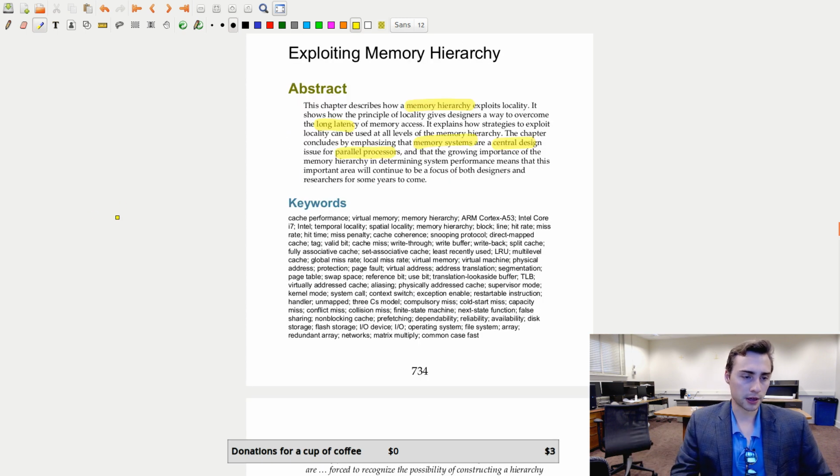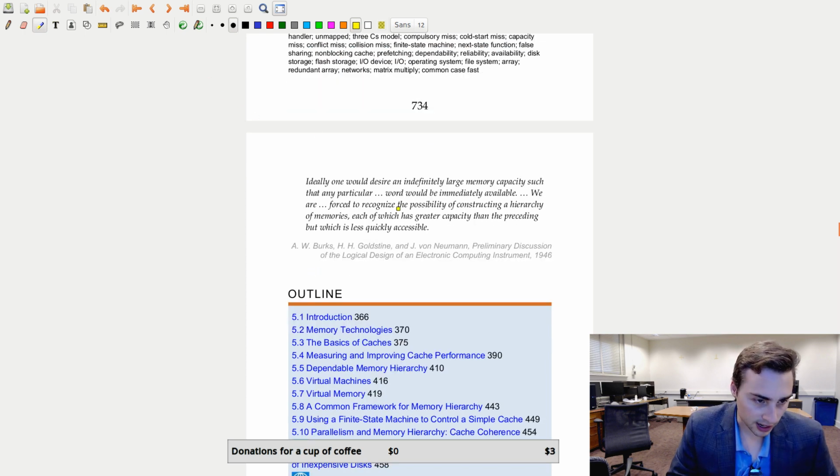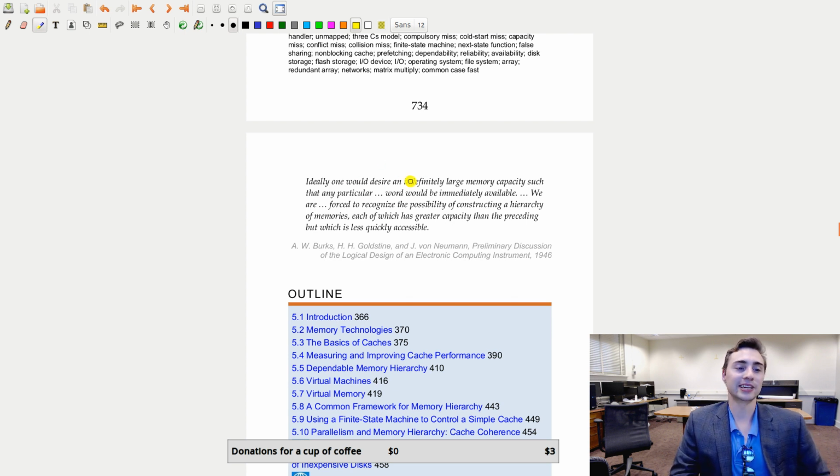So there's 1,000 different terms that we don't need to look over. Let's see, what is it? This is from the classic paper: Ideally, one would desire an indefinitely large memory capacity such that any particular word would be immediately available. We are forced to recognize the possibility of constructing a hierarchy of memories, each of which has a greater capacity than the preceding, but which is less quickly accessible. So, even back in 1946, we have the idea of a memory hierarchy.